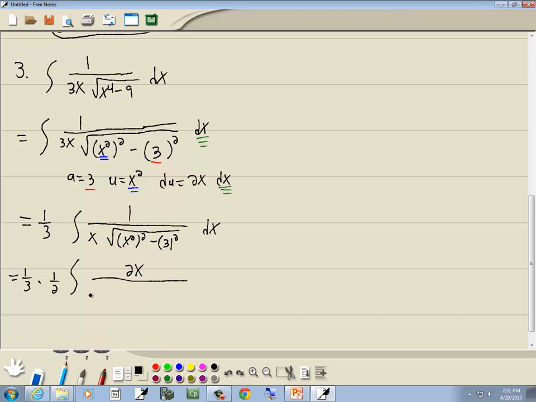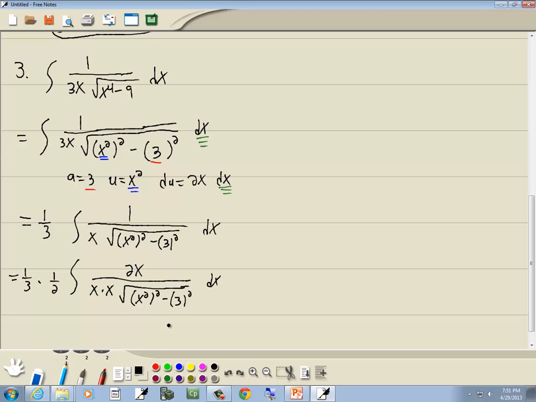So I'll put a 1/2 out in front. Now this x just carries along. Now I put an x up on top also. Well, if I put an x here, I have to put an x down here. You can't put an x out in front. So if you put an extra variable up on top, you have to put the same thing on the bottom. If it's going backwards, the x's would cancel. And then this gives us x squared squared minus 3 squared dx.